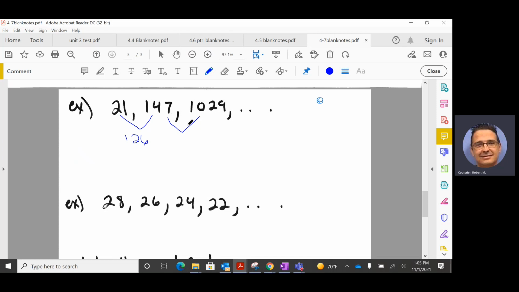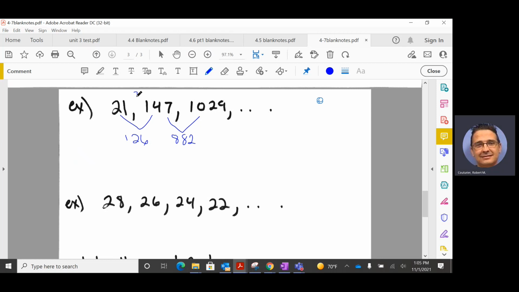And then we take 1029 minus 147, and we get 882. This is definitely not arithmetic. And for fun, 147 divided by 21 is 7. When you divide them, you get a 7.